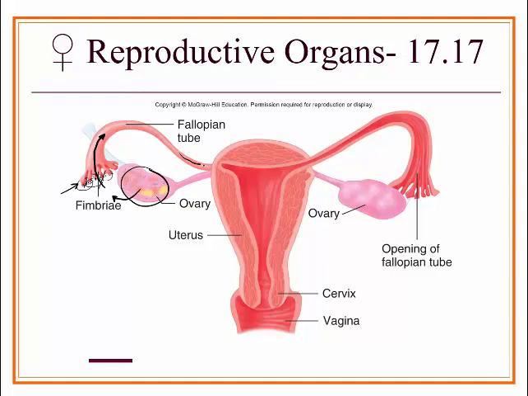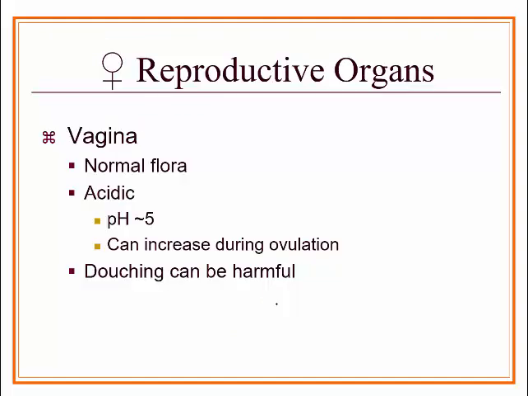The fallopian tube is attached to the uterus. The uterine cavity is where the growing embryo is going to be housed for 9 months. And then during labor or menses, if we don't have a fertilized egg, we use the passageway to the external environment known as the vagina.